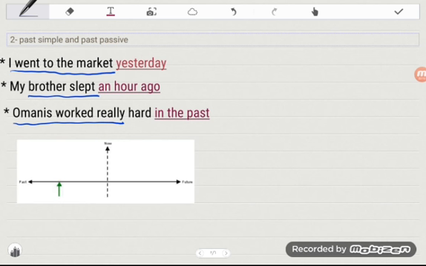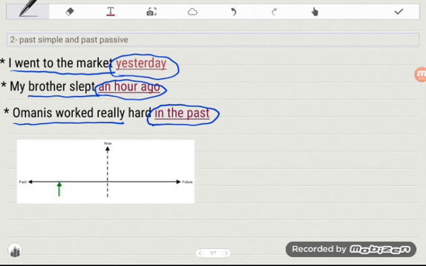Why? Because here we have some words that tell us that these actions happen in the past and they are no more correct today. So, in the first sentence, I went to the market when? It's yesterday. And the second sentence, my brother slept an hour ago. And the third sentence, Omanis worked really hard in the past. So in all past simple sentences, we have to have some specific words that tell us that the action is already finished.